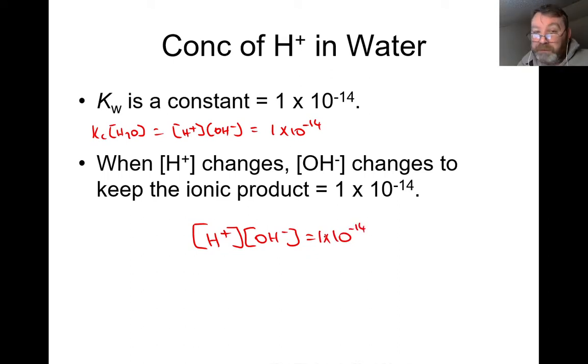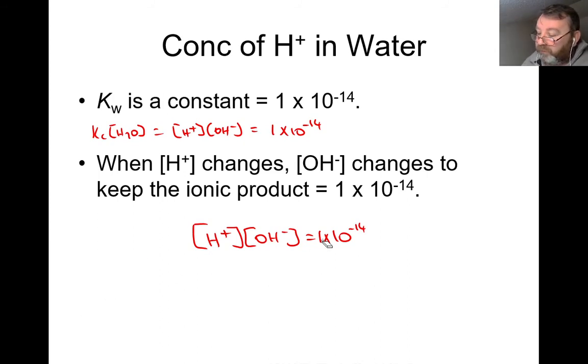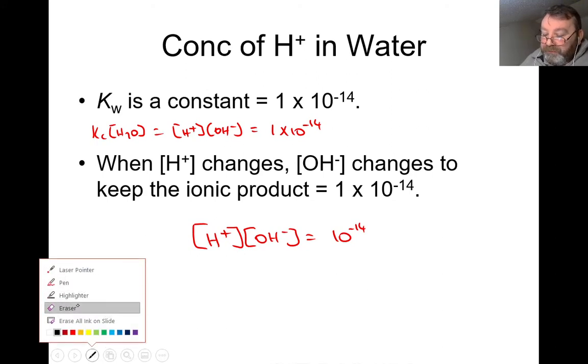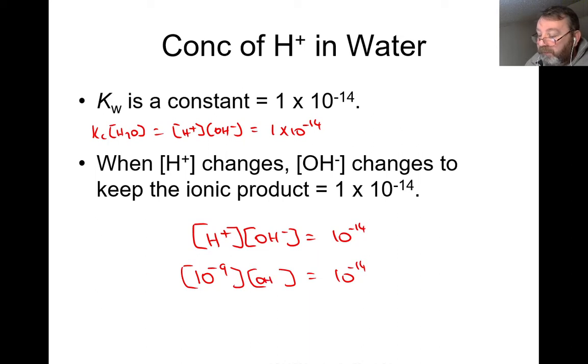Look, what happens when you multiply anything by 1? It stays the same. So let me just deal with 10 to the minus 14 for a moment. I don't need to multiply it by 1. That's when they're balanced, all right? But let's say, for example, that I now increase the hydrogen ion concentration up to 10 to the minus 5. Isn't it very easy to see that the 10 to the minus 14 value is kept by this one going to minus 9?